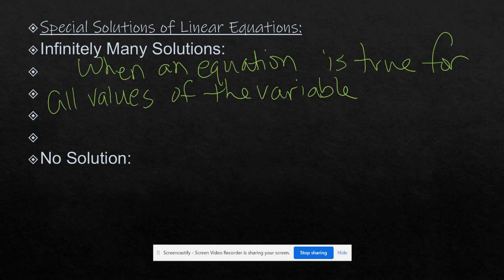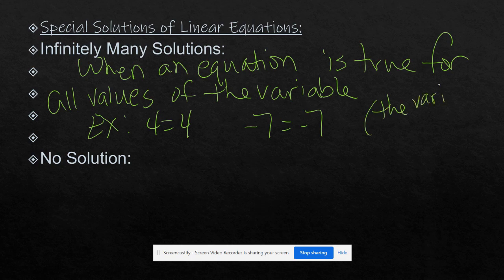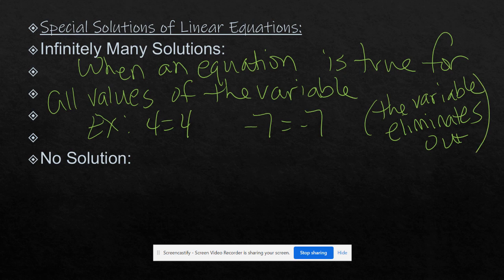And so what does that look like when we're solving? It looks like 4 equals 4 or -7 equals -7. But the biggest thing that you're going to notice is that the variable eliminates out or completely disappears.